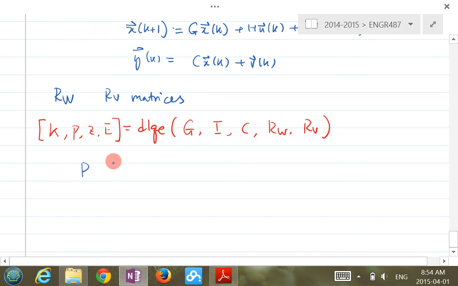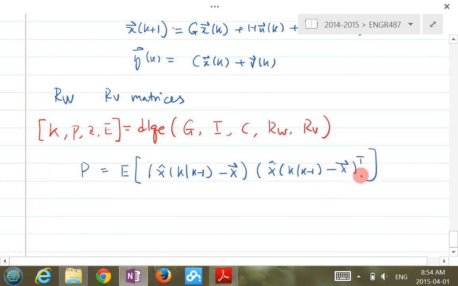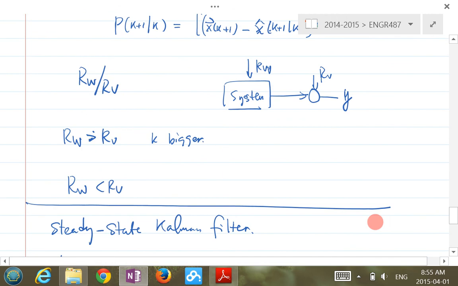It's this guy here. P is the expected value of x minus x hat k minus 1, times x minus x hat k minus 1, transpose. That's the P. Remember there are two error covariance matrices in this table that I have.